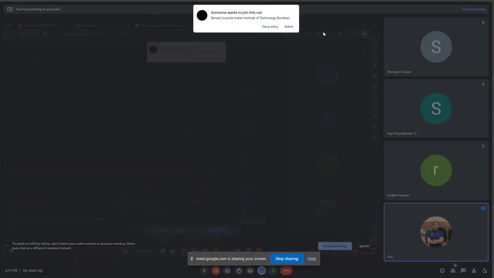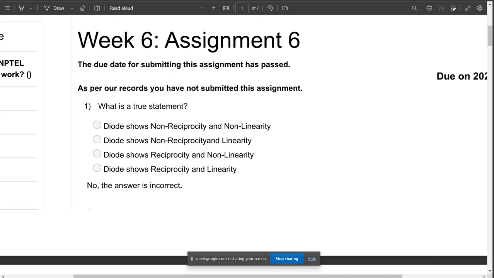Okay, so what do you think? Which is the correct statement? Tell me. It can be wrong also. It doesn't matter if you are giving a wrong statement.